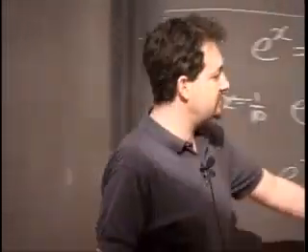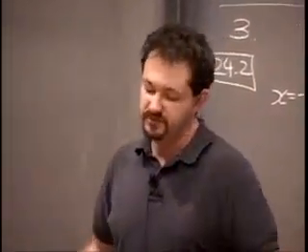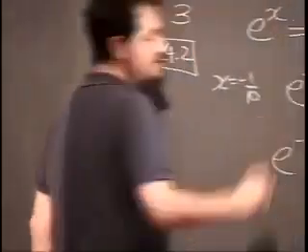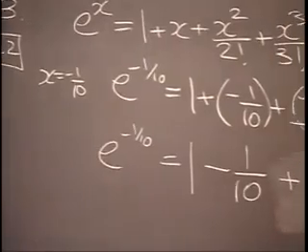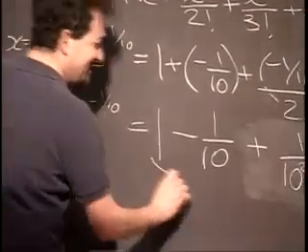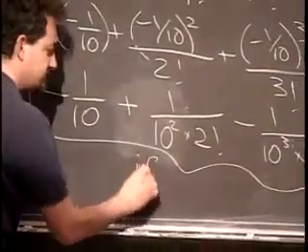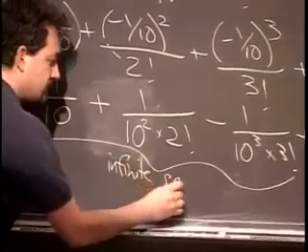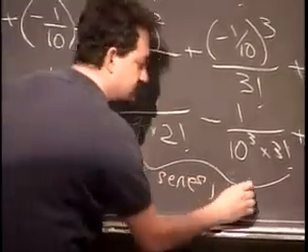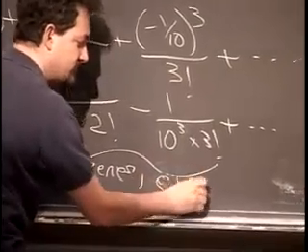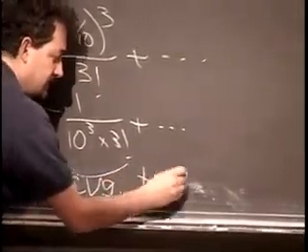Now, what does this equation mean? What it means is the right-hand side is an infinite series of the sort that we've been discussing for the last few weeks, and it converges. Not only do we know it converges, we know it converges to e to the minus a tenth. So the way I want you to think about this is an infinite series which converges, first of all, to e to the minus a tenth.